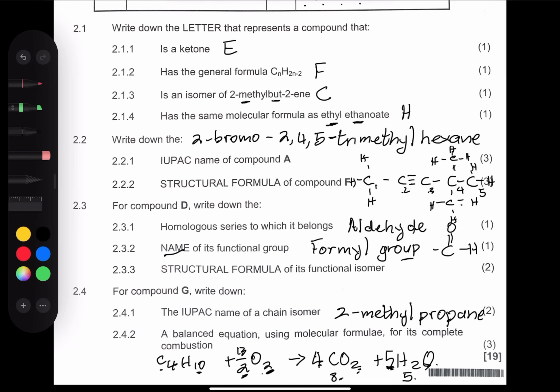Okay, so this will be 2 times 1, which will be 2, right? And 13 over 2 multiplied by 2 gives me 13. Okay, so that would be 13. And then 4 times 2, which will give me 8. And then the last one, 5 times 2, which will give me 10. So in this case, that is our balanced formula.